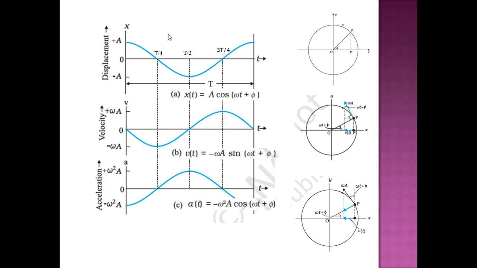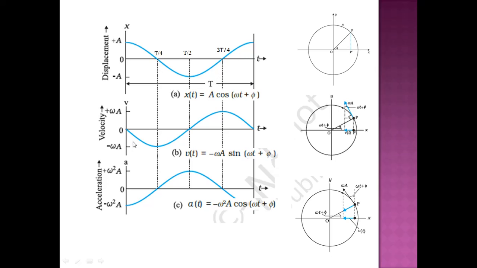Here, when omega t is 0, T by 4, T by 2, 3T by 4, and capital T, you have variations of A, 0, minus A, 0, and again plus A. So this is the graphic representation of displacement versus time. It is sinusoidal in nature.